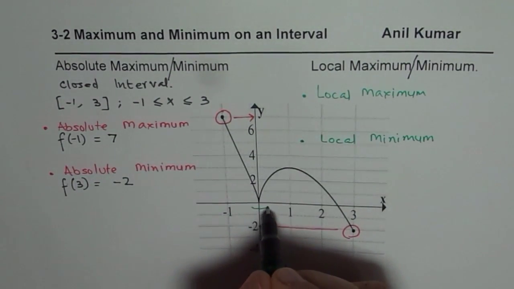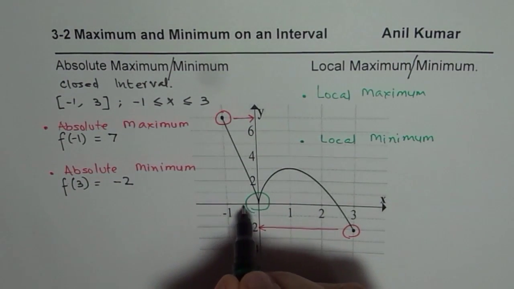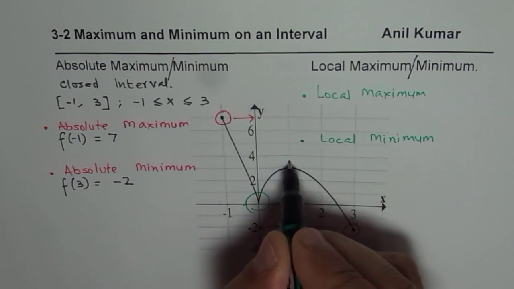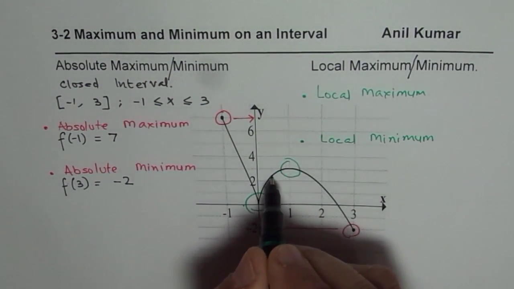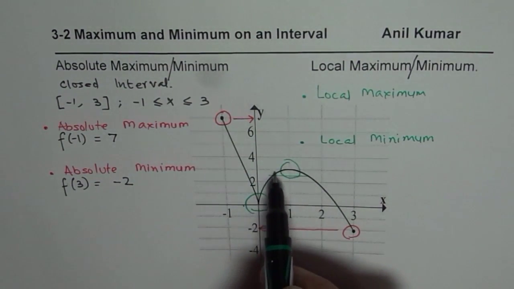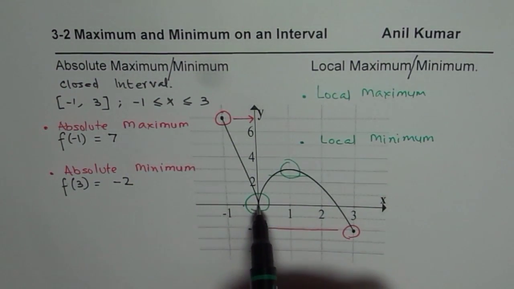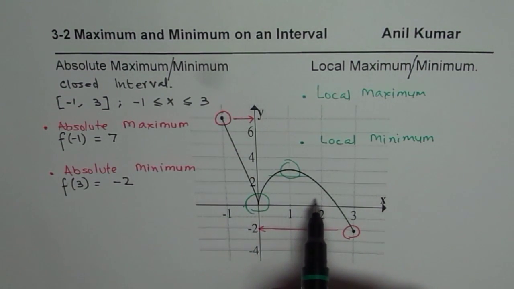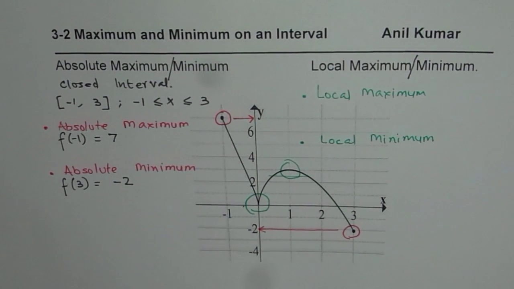So here you will see that this point within its close vicinity is at minimum, right? And that point is at maximum in its close vicinity. Do you see that part? So those are kind of turning points, cusps or corners. So those values will give you local maximum and minimum values.